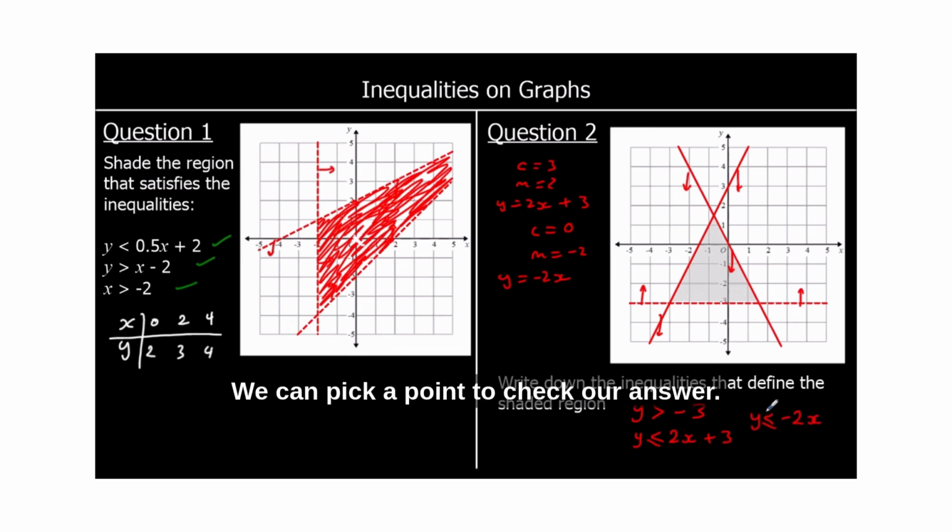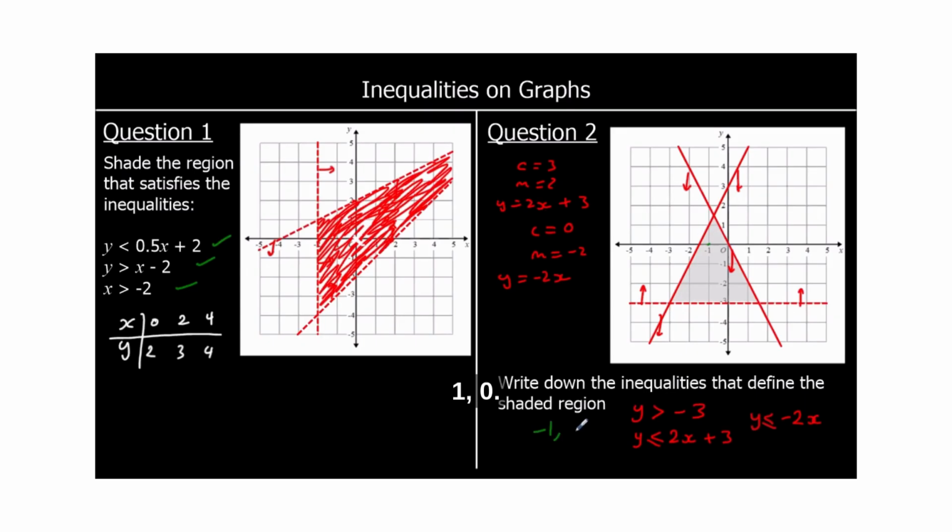We can pick a point to check our answer. Let's do negative 1, 0. So 0 is bigger than negative 3. That's correct. 0 is less than or equal to 2 times negative 1 plus 3.